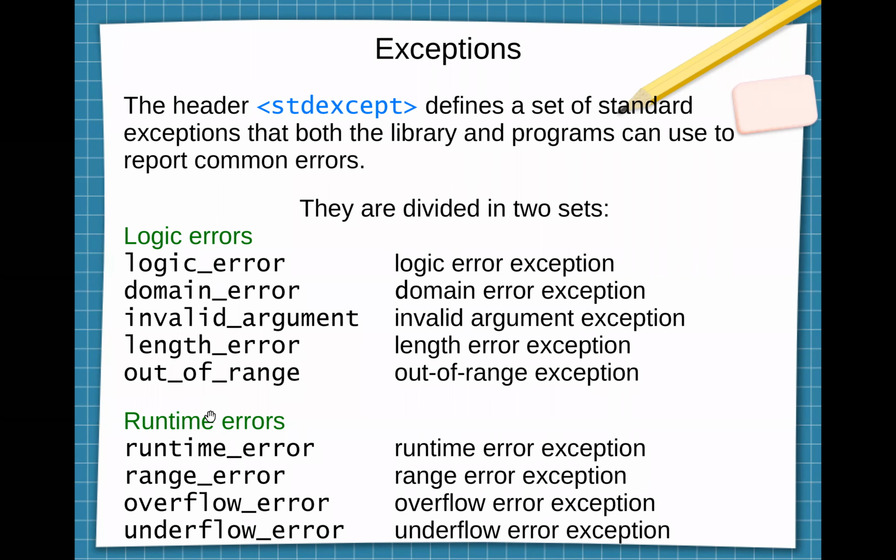The other set is runtime_error. And I'm not sure that we did use range_error. Okay, it was in the book, but I'm not sure that I used it in an example, right? The runtime errors are usually the ones that happen at runtime. And we can see four types of them: the runtime_error, the range_error, the overflow_error, and the underflow_error.